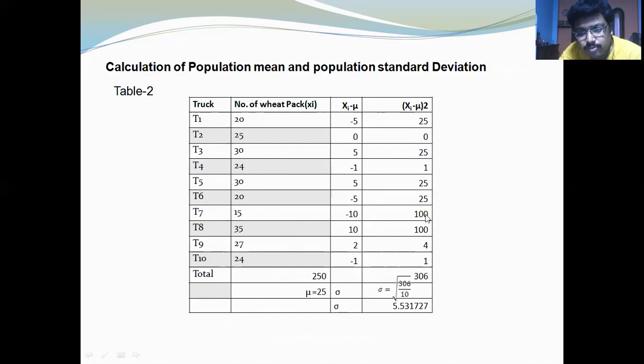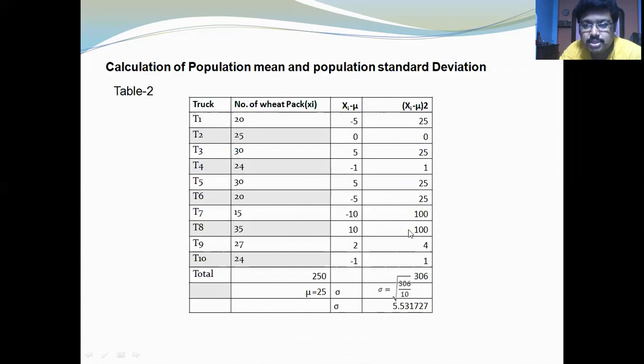This is the square of these values. Now the standard deviation has a formula: root of the sum of x minus mu whole square divided by the number of the population, here 10, so it is n.